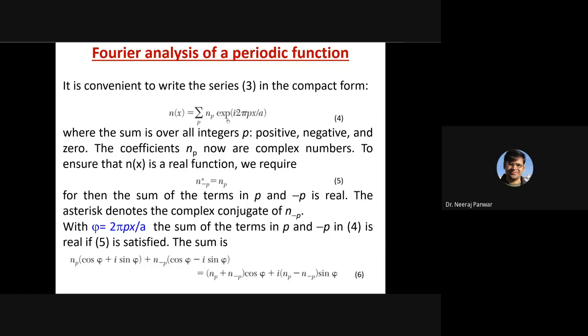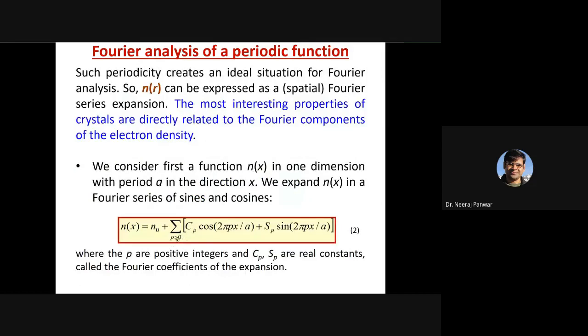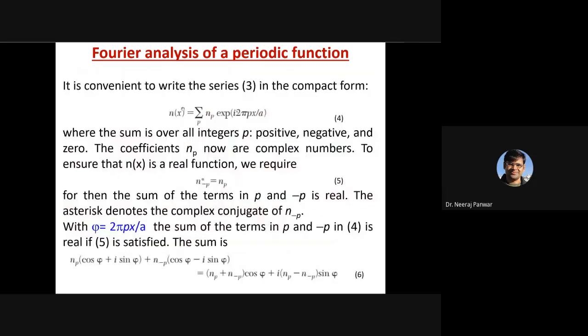So I told you that when we define any periodic function this way, we are considering only the positive integers. But if we define the same function, and both of these expressions are the same, by this equation, summation over p of n_p exponential i 2 pi p x upon a, this p will have all positive, negative, and zero values.